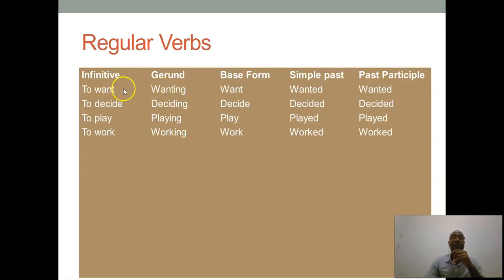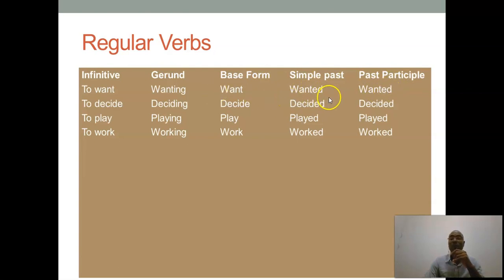The gerund is the ing form of the verb. The base form is the verb without the preposition to in front of it. The simple past is wanted and the past participle wanted.